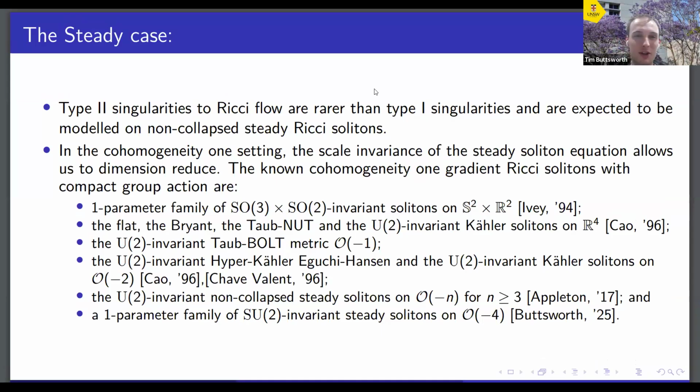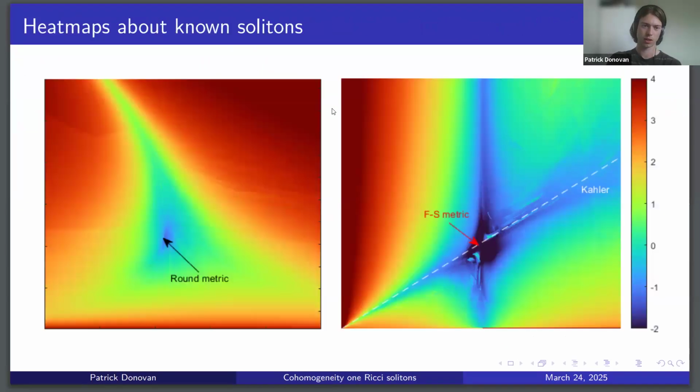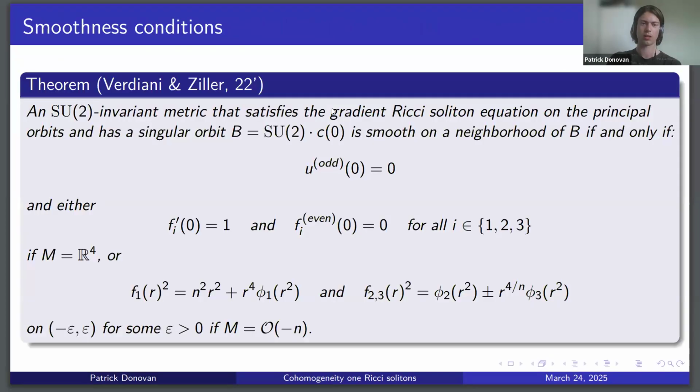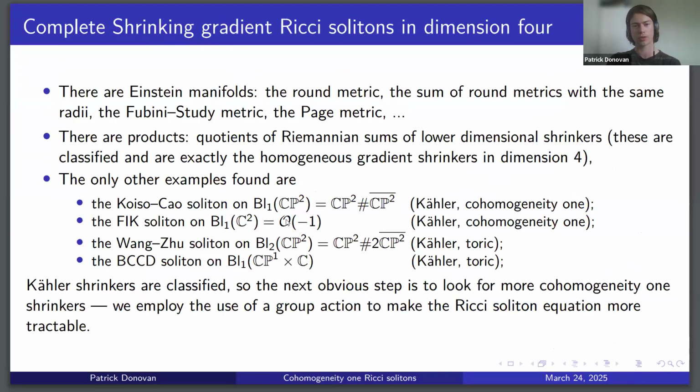I mean, of course, there are some that are known, like the FIK shrinker. Yeah, so there's the two we had here, all the way back. There's the two known ones that are kind of non-trivial, so the FIK and the BCCD. So the FIK one is the kind of one we want to model.